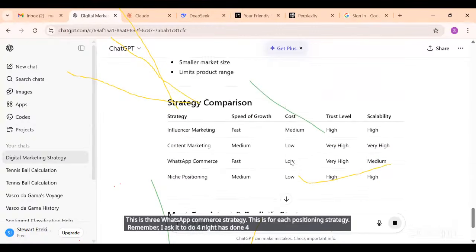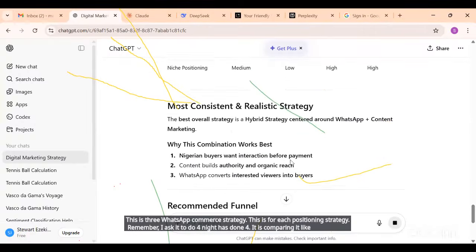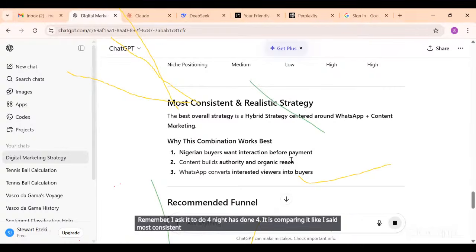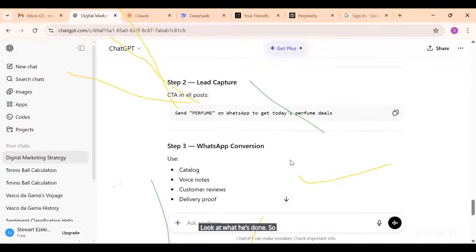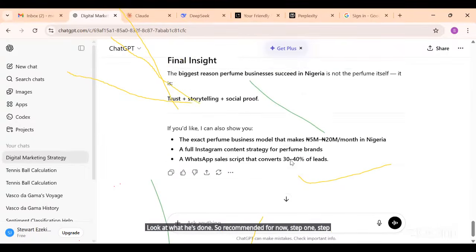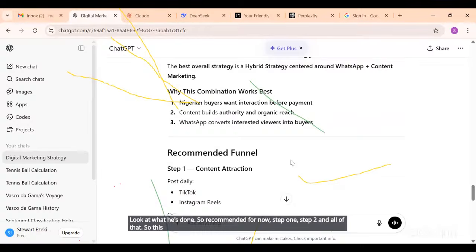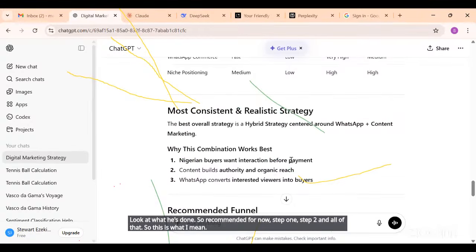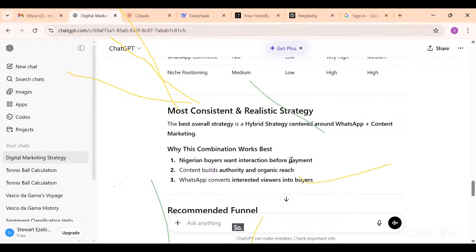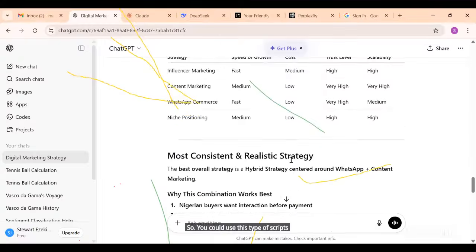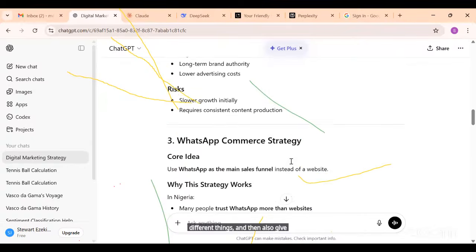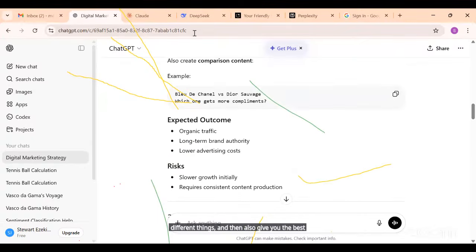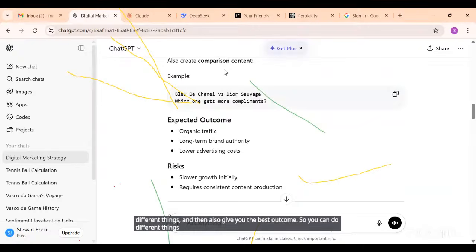It is comparing it, like I said, most consistent, realistic strategy. Look at what is done. So recommended funnel, step 1, step 2, and all of that. So this is what I mean. You could use this type of script so it can do different things and then also give you the best outcome.